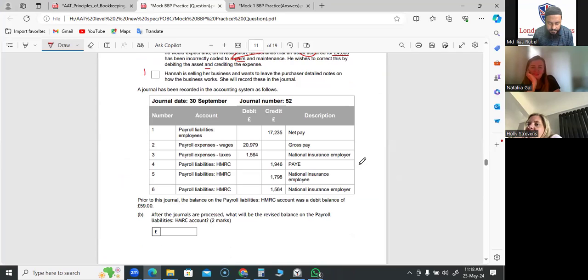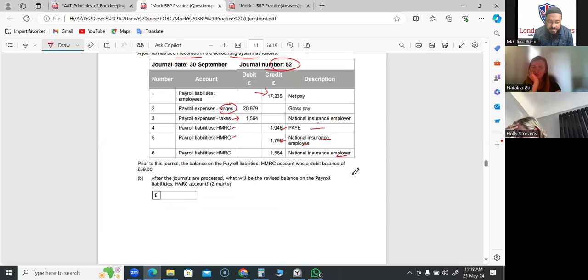Here, a journal has been recorded in the accounting system. Journal number this. Payroll liability credit and payroll expenses, that much was meant to be paid, but there are some HMRC taxes, and this is basically national insurance of employee and employer and all.